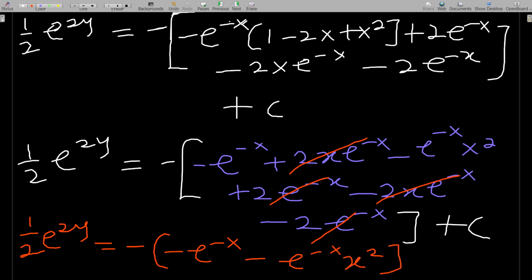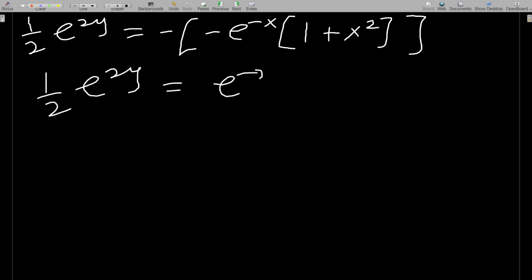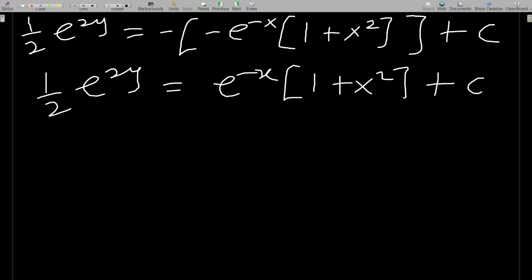I can factor minus e to the negative x out, and we'll have half e to the 2y equals minus into minus e to the negative x (1 plus x squared). Then this negative will go, and I have half e to the 2y equals e to the minus x (1 plus x squared), all plus c. There's a plus c here. I hope you get this.